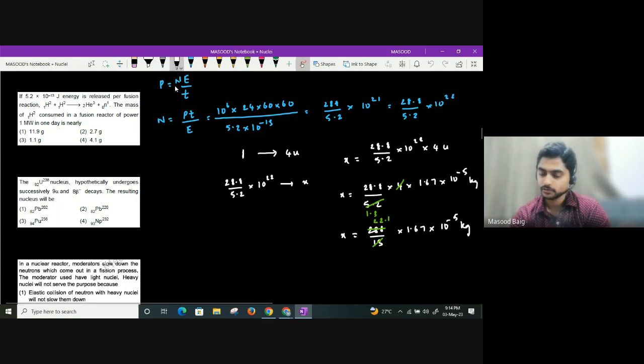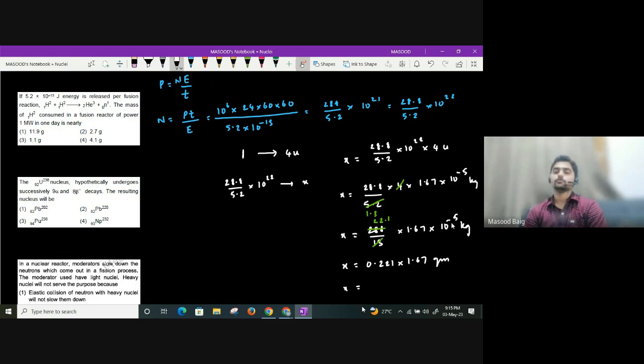Now 22.1 means X value will be, how much can I write? 10 power minus 5 is there, no? So if I take it as 0.221 into 1.67 grams you will get, guys. So how much is 1.6 times of 0.2 or 1.7 times of 0.2? Just check.